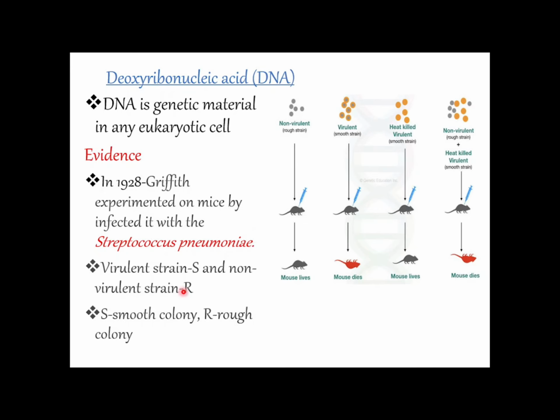The virulent strain he designated as S, the non-virulent strain as R: S for smooth colony, R for rough colony. In his experiment, he cultured the non-virulent rough strain of Streptococcus pneumoniae and infected mice with it, but the mice survived.